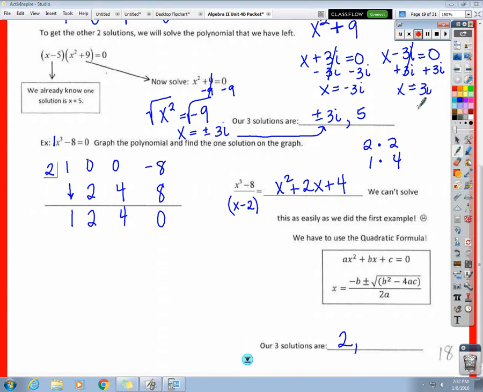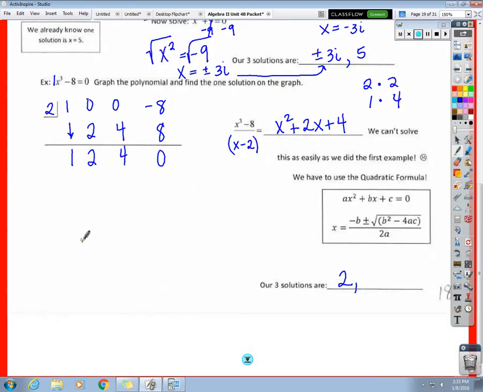So now that we see that x squared plus 2x plus 4 can't be factored, we have to do the quadratic formula. What's the very first thing you have to do for the quadratic formula? You got to identify your A, B, and C so that you'll know what to plug in where. What's your A? 1. What's your B? 2. And your C? 4.